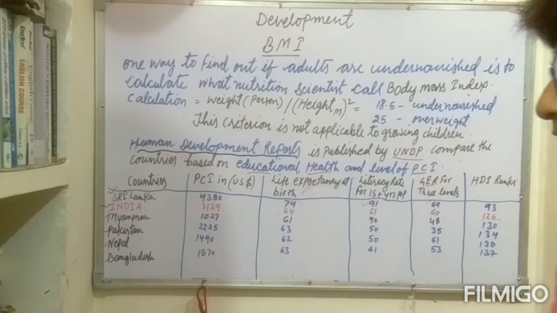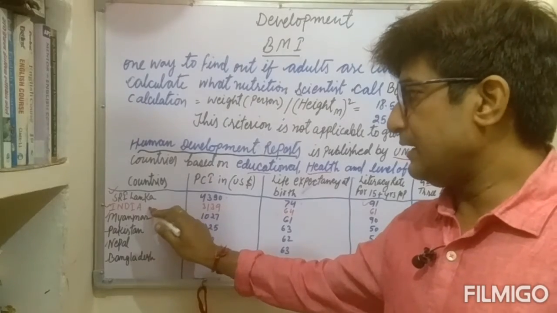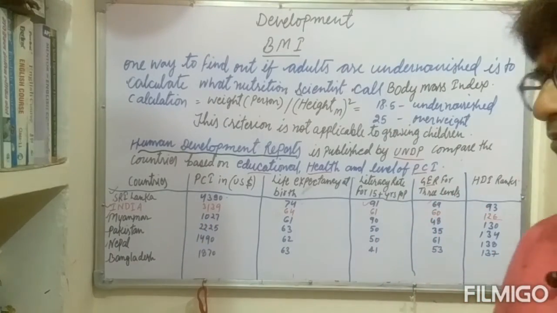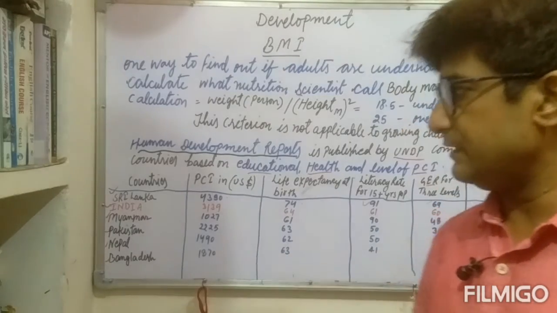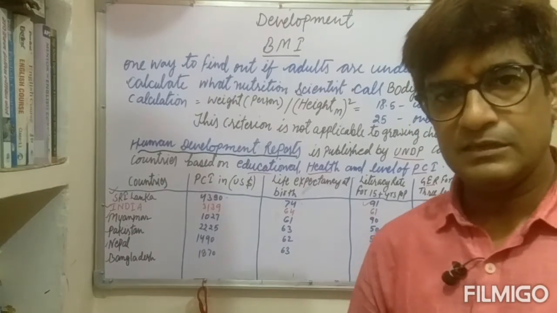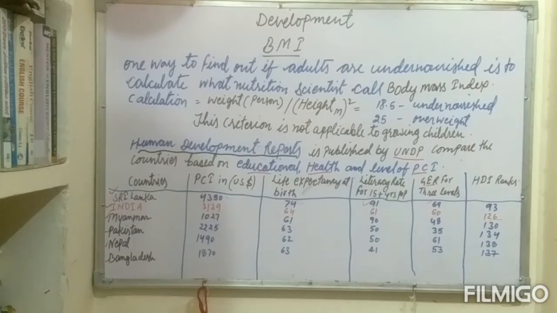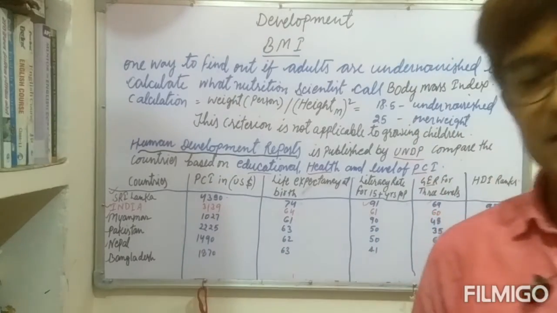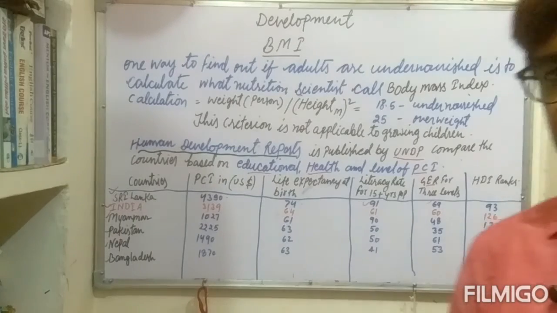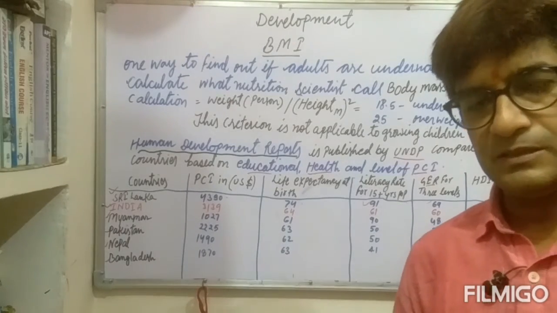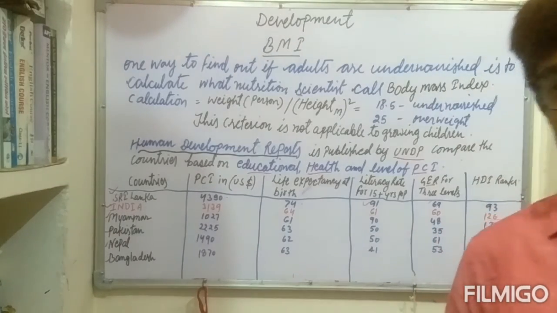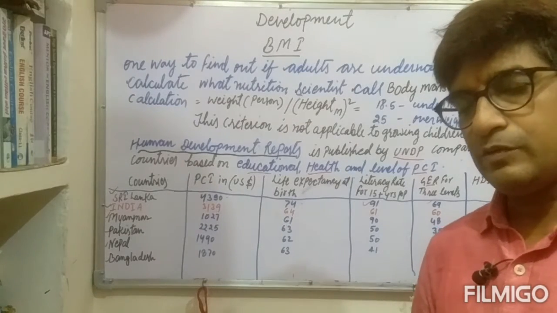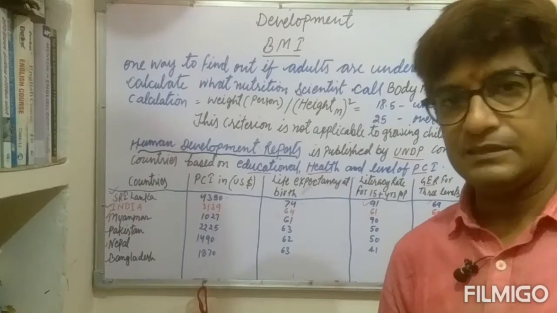It means we Indians are not showing great performance compared with our neighboring countries. Even some of our neighboring countries are showing better performance than ourselves, and the countries which are behind us are not very far behind. It means they can overtake us if they continue their performance or achievement in the future.